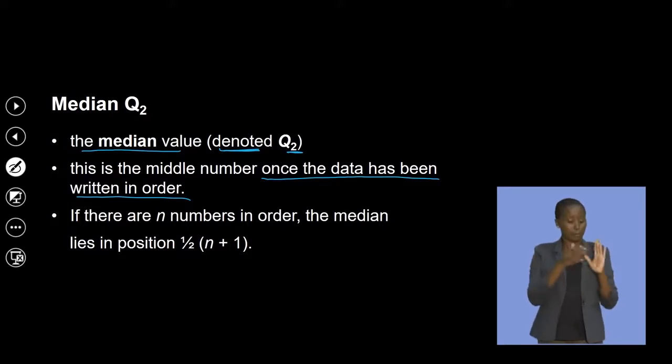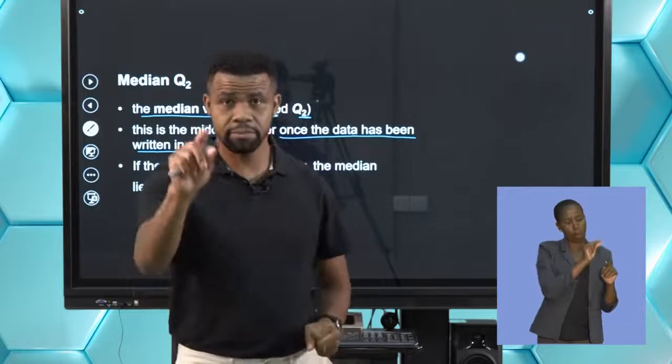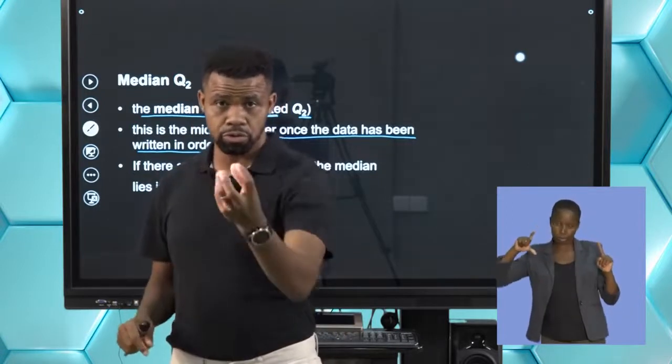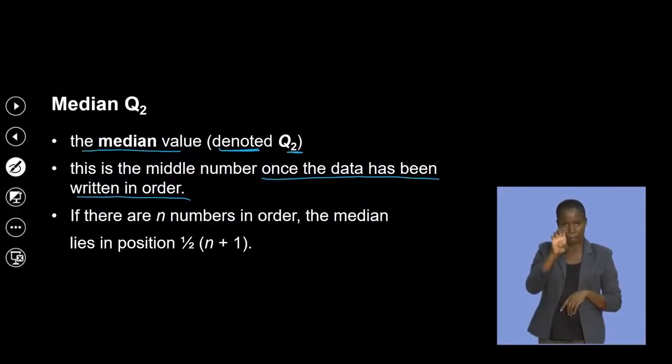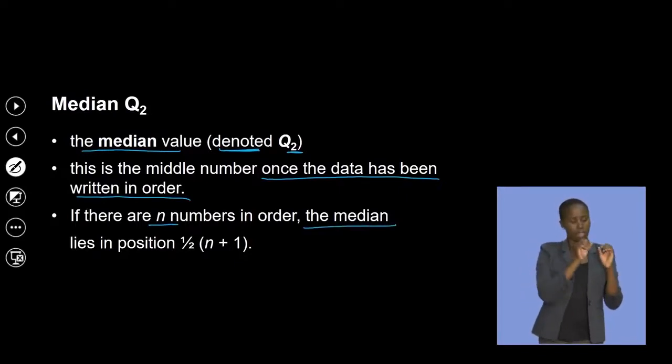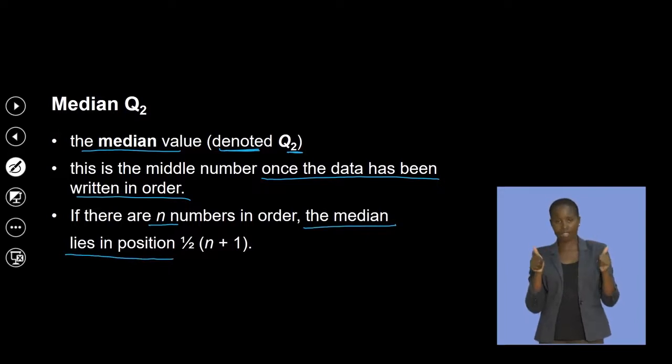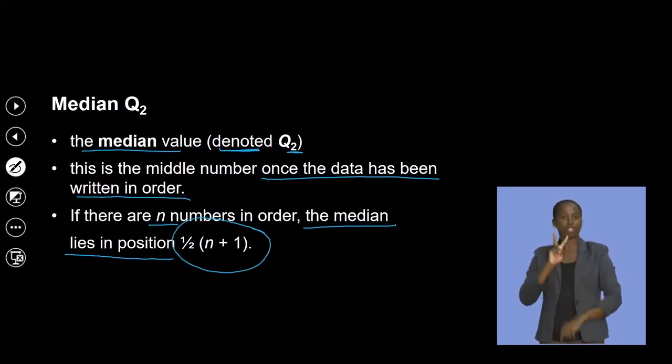So we write the data from the smallest to the highest, and the middle one is the median, or Q2. If there are n numbers in order from the smallest to the highest, the median lies in the position (n plus 1) divided by 2. That will give us the position of the median.